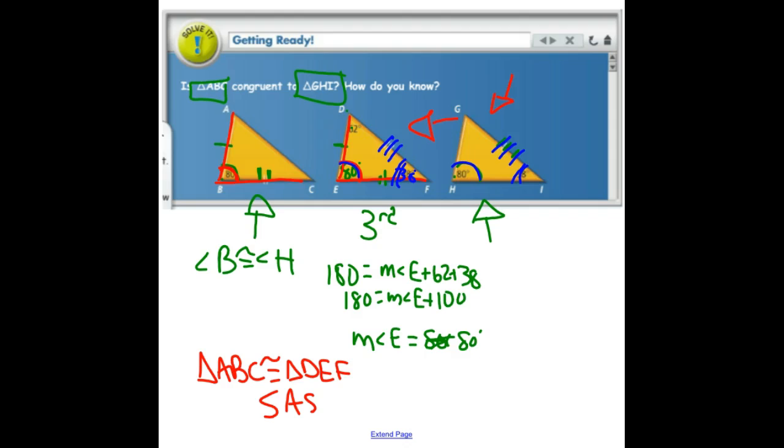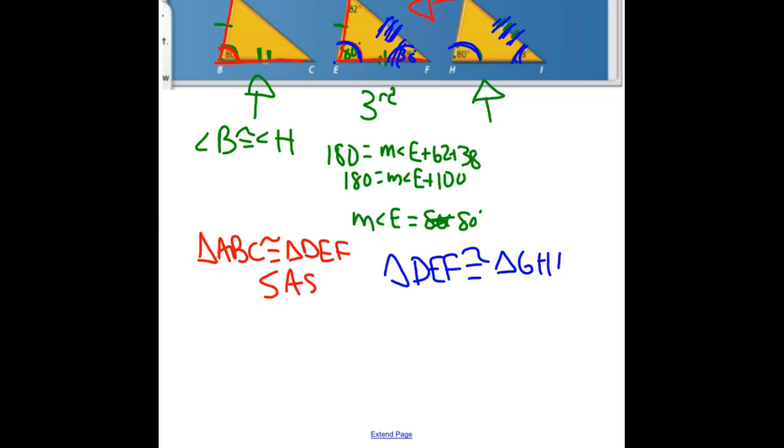Now if we compare these, they both have a side, and the side is not the one in between the two angles. So when I look at that, I'm going to start at the angle opposite it. So I've got an angle and a side. I've got an angle and a side. That means that triangle DEF is in fact congruent to triangle GHI by angle-angle-side.